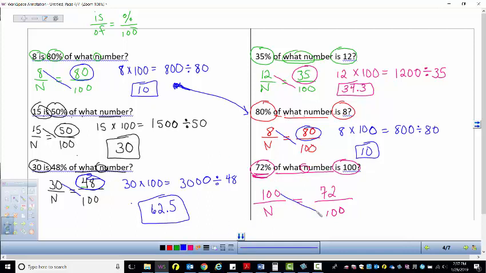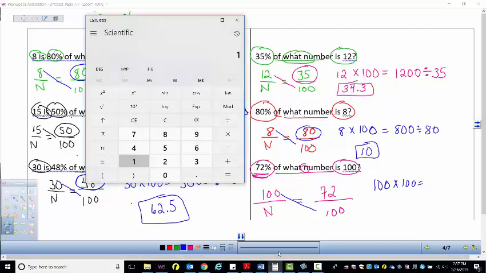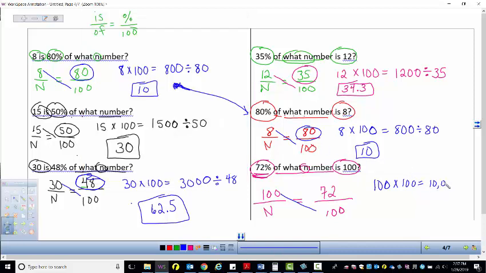So now I need to multiply 100 times 100. Okay, 100 times 100 is 10,000. And then I need to take that answer and divide by 72. I don't know if this one's going to come out very nice. Let's try it.